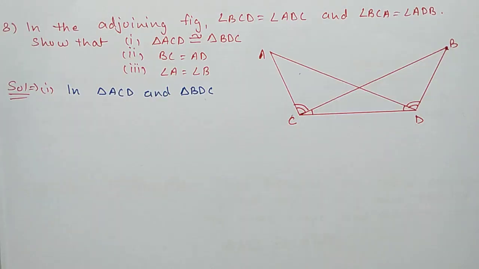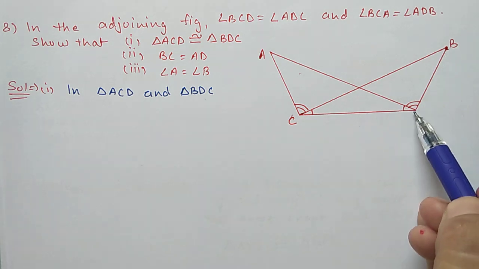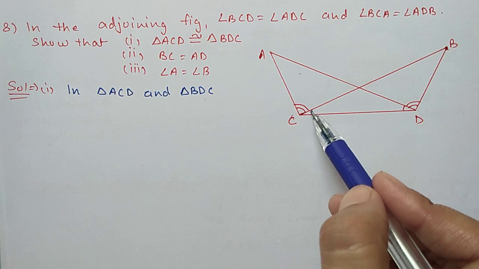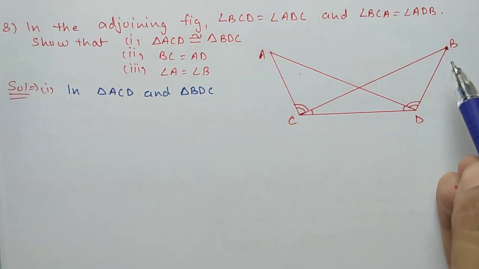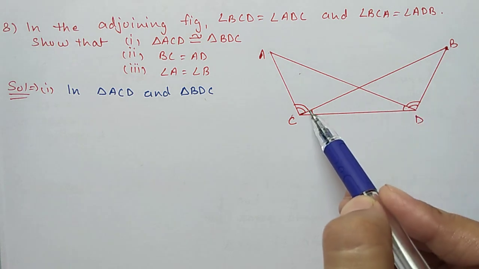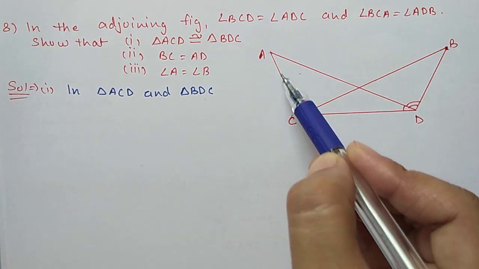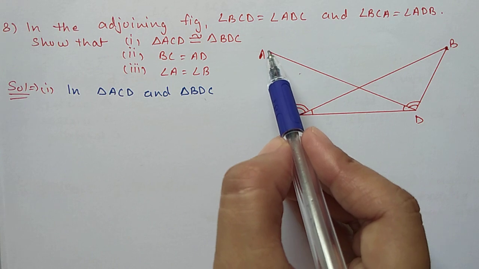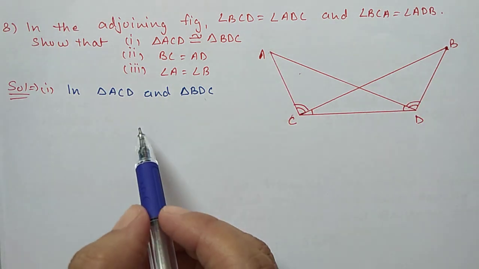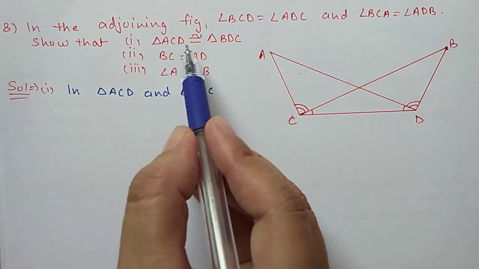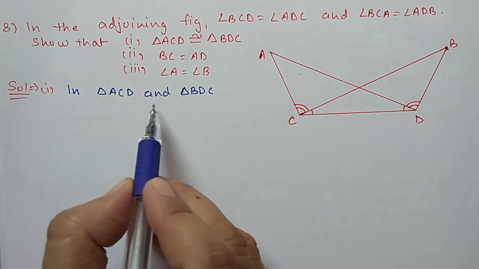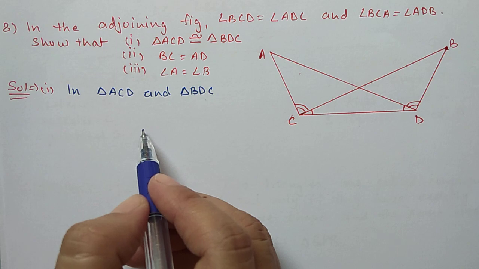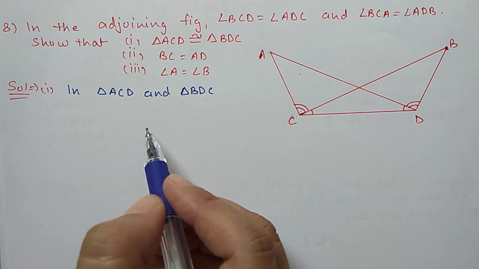Question number 8. In the adjoining figure, angle BCD is equal to angle ADC, and angle BCA is equal to angle ADB. We have to prove that triangle ACD is congruent to triangle BDC. So first we will take these two triangles and prove that they are congruent to each other.